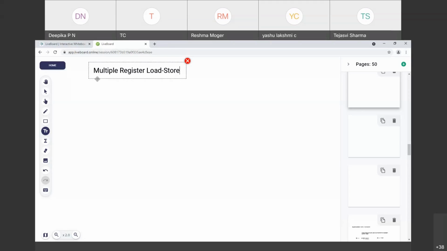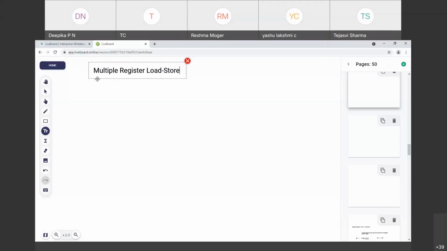We clearly specified in the last class how to use addressing modes with the load store instruction: when an instruction has pre-indexing, pre-indexing with write back, or post-indexing. The examples I have given clearly show the preconditions before execution and the postconditions after execution.